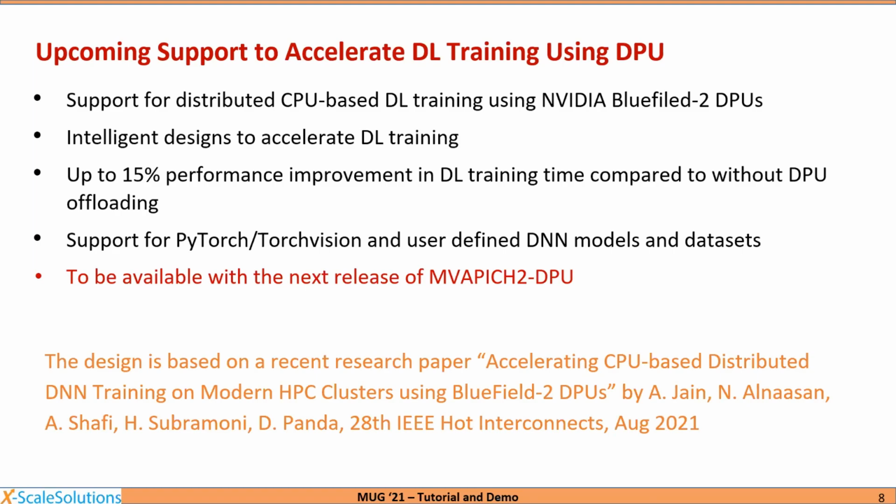For this DL, we're supporting the PyTorch as well as Torch versions, and those are the particular ones we have used for evaluation. And the result is actually published. The design is based on this research.